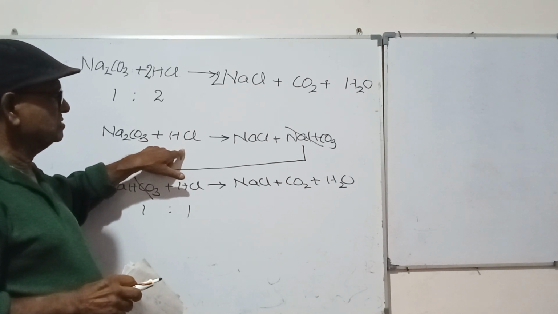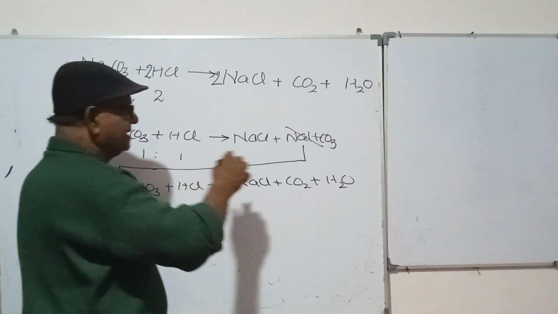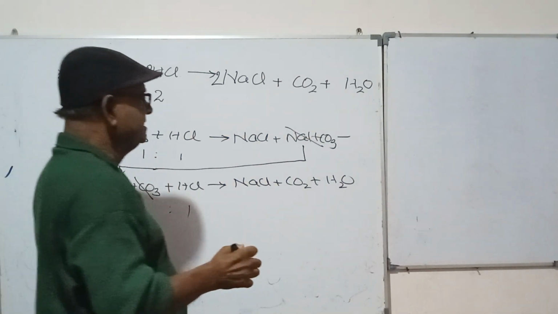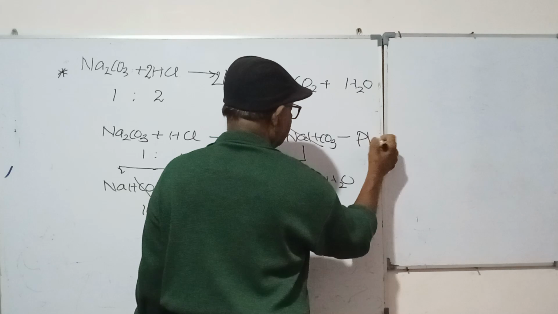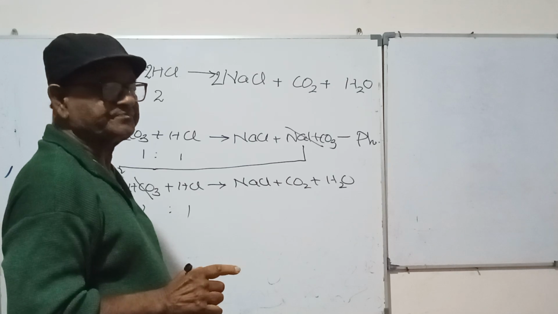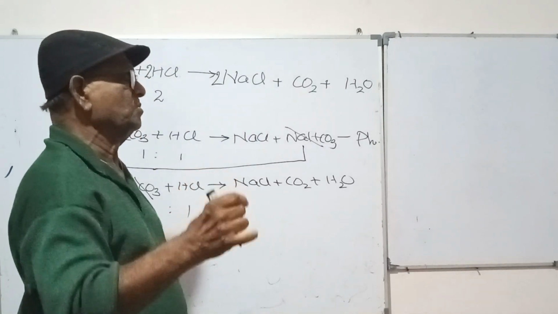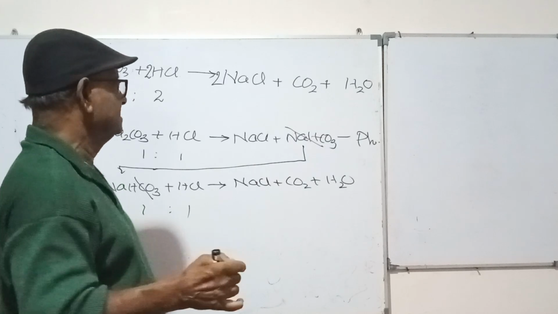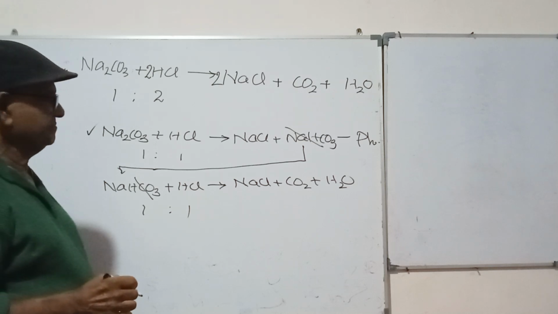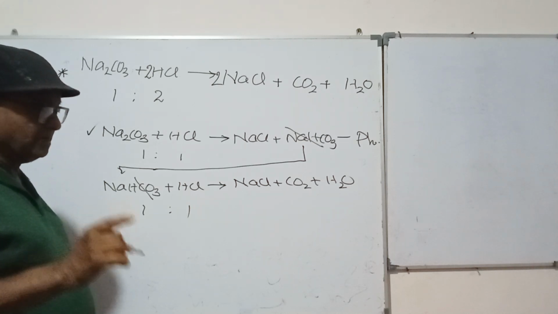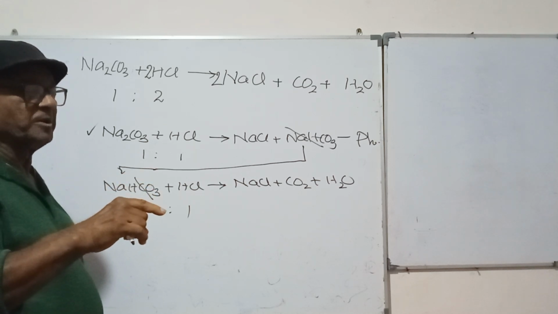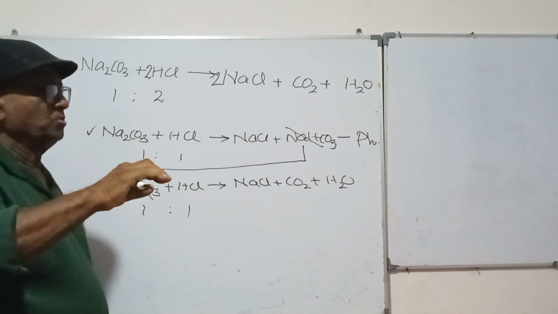So, if we want to stop at that state after the completion of the first step, we can use phenolphthalein as the indicator. If the phenolphthalein goes from pink to colorless, this reaction gets completed. If we use methyl orange, we will stop when the color change occurs from yellow to red.